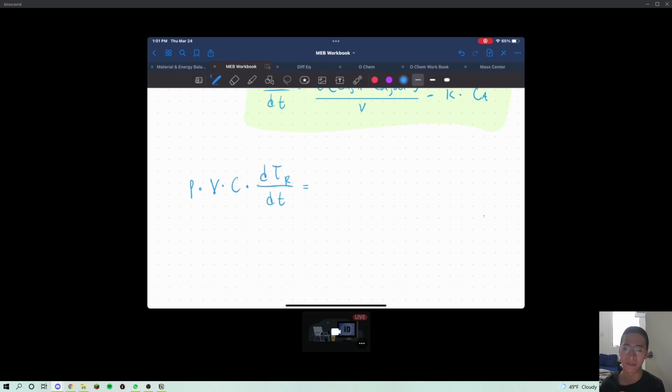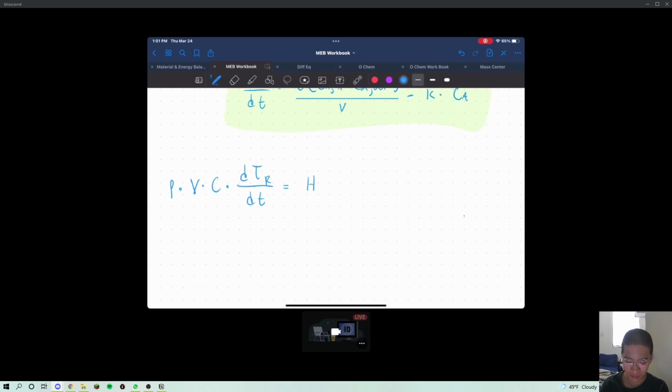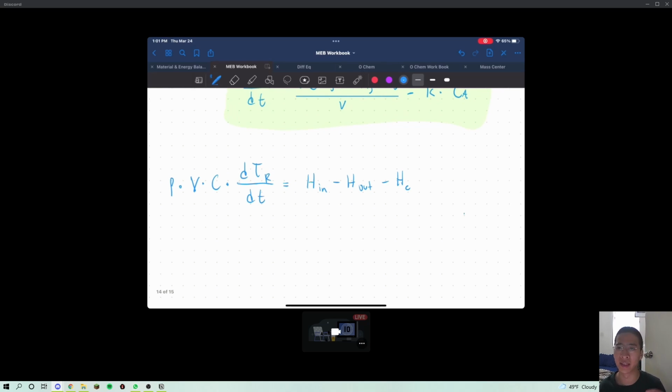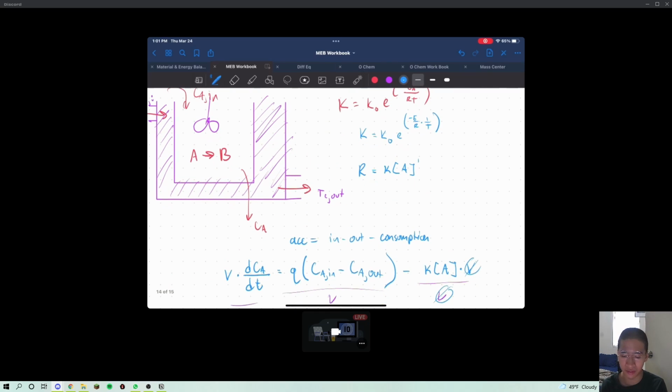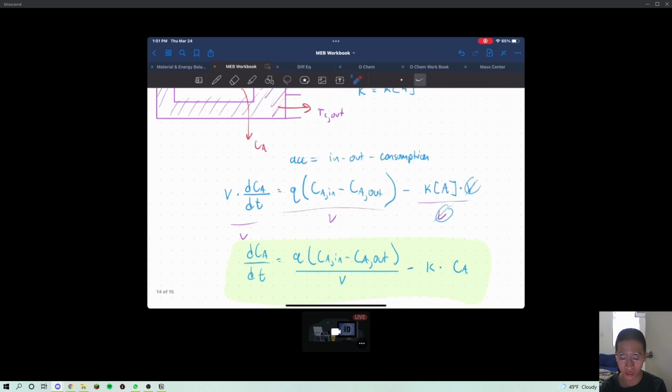On the right-hand side, we have a number of terms. We have the enthalpy of the contents going in minus the enthalpy of the contents going out minus, I'm going to call this HC for H cooling or H conducting. HC is a term which describes the energy transfer by conduction through the walls of the reactor from the contents of the reactor to the coolant jacket.